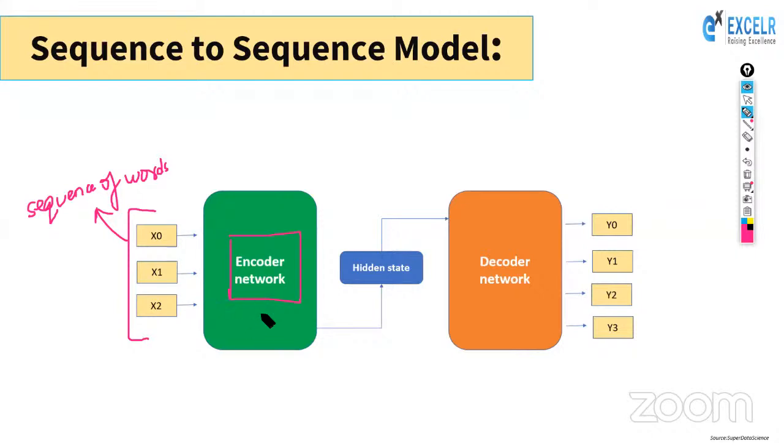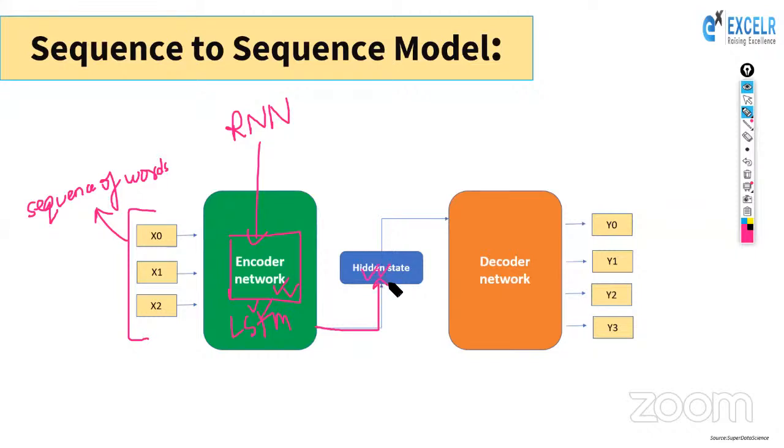What will the encoder network do? It will encode these inputs into a respective format. And this encoder network is one kind of RNN network, a recurrent neural network. More specifically, it utilizes the concept of LSTM, long short-term memory, right?